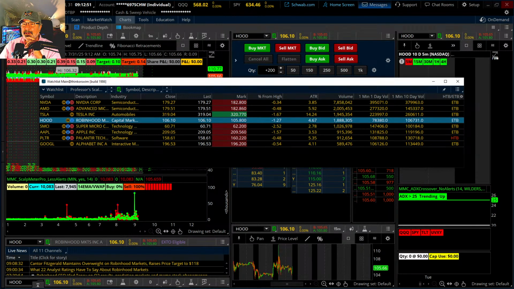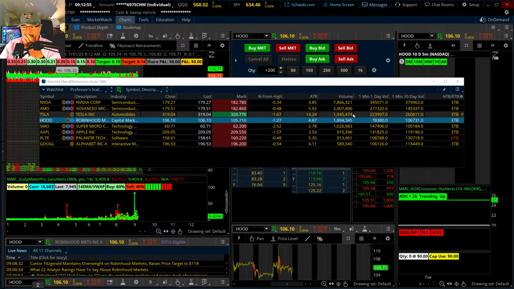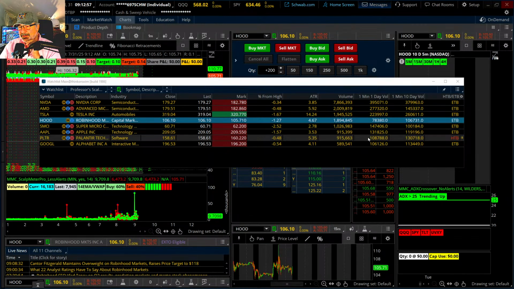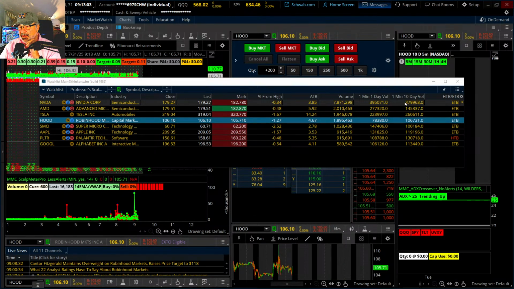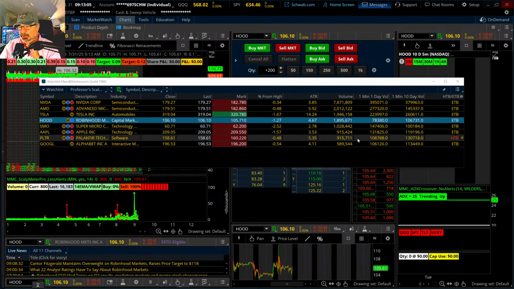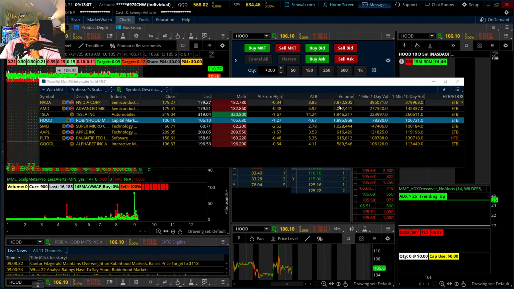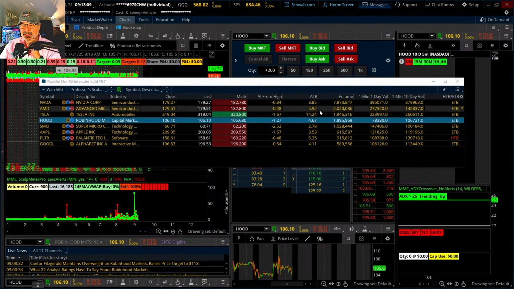That's weird. Let me see if that's the same over there, too. Yeah, hard to borrow. On the other scanner, so this scanner is designed to give you 100,000 volume per every 1 minute candle. It will not come up. And there's an average of 10-day and then 1 day. Here's what we're having right now. And then an ATR of, I think it's 1.5. So it's lower. It picks it up.